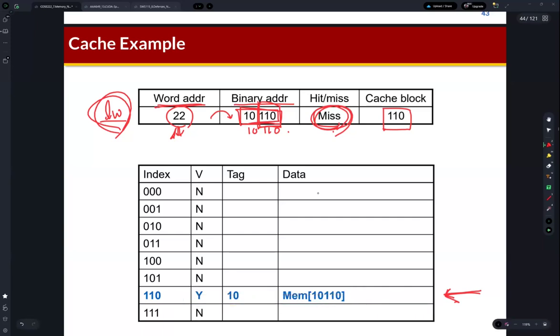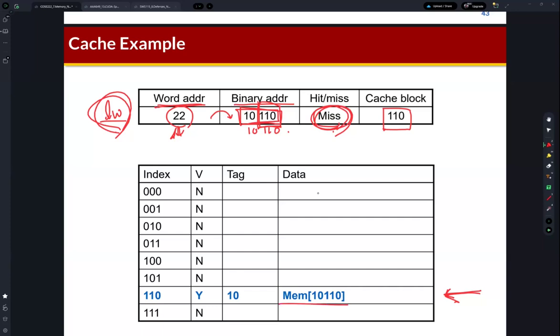Then why? Why does the cache store this missed data? I mentioned that the cache needs to store frequently used data, which means that in the near future, this data will be used again.